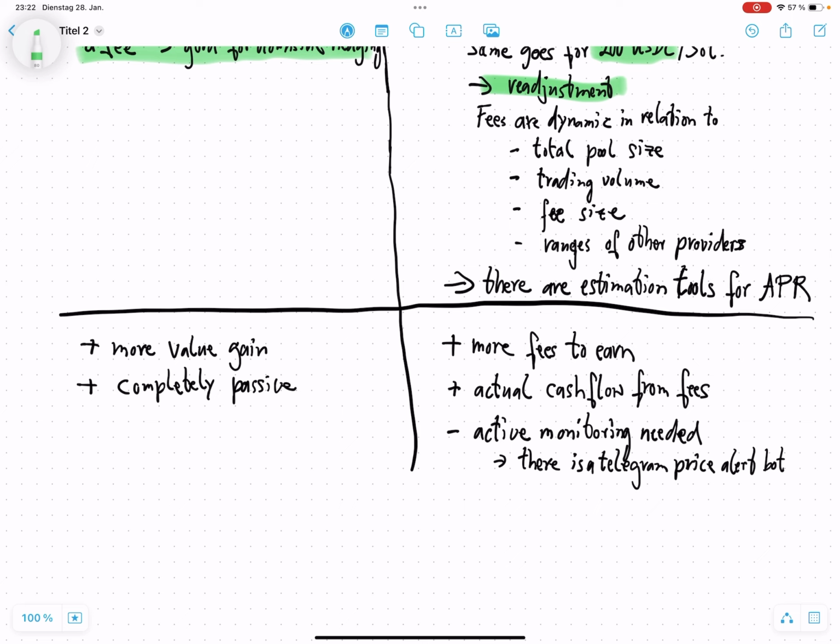So what are now the pros and cons of these both kinds of pools? In the standard liquidity, you will have more value gain.